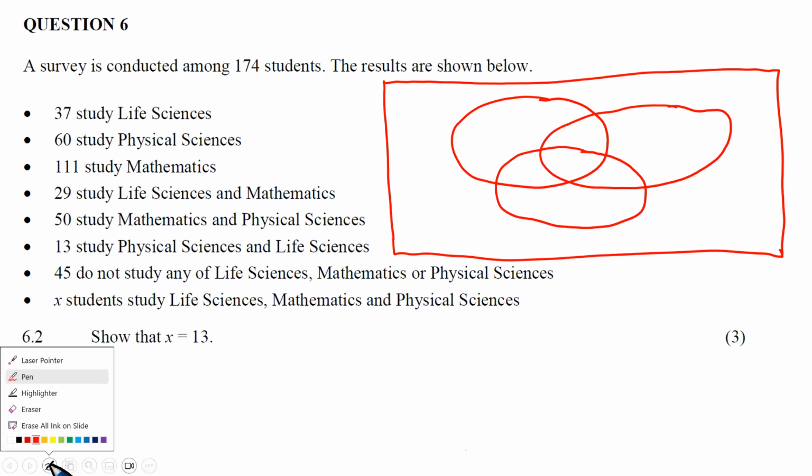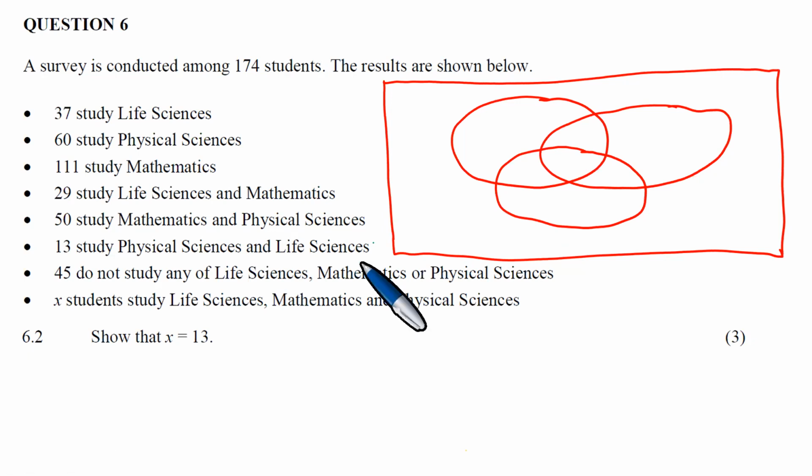And there were a couple of features of interest to us. There was life sciences, there was physical sciences, and there was mathematics. These were x minus 5, and this was only x. This was 13 minus x. This was 29 minus x.